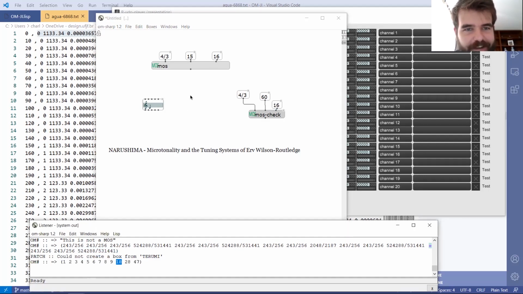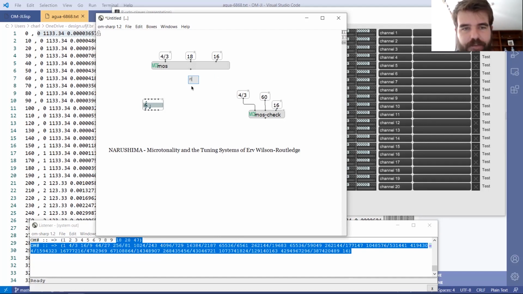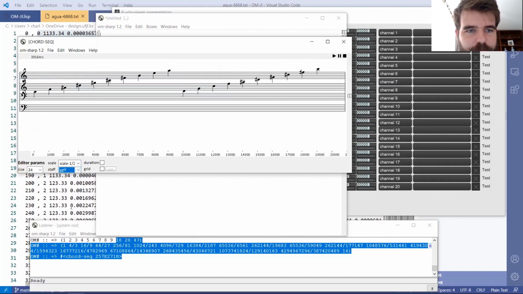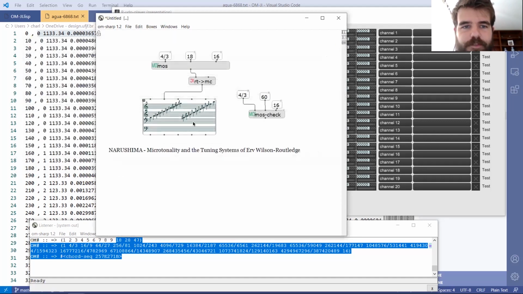For example, here I have a MOS. We have this idea. So it's a spectrum. It's simple, but it works very well because it's a homogeneous structure. Very homogeneous because it has just 2 intervals.